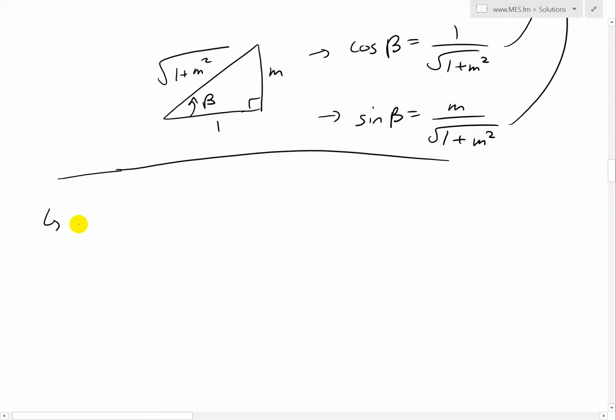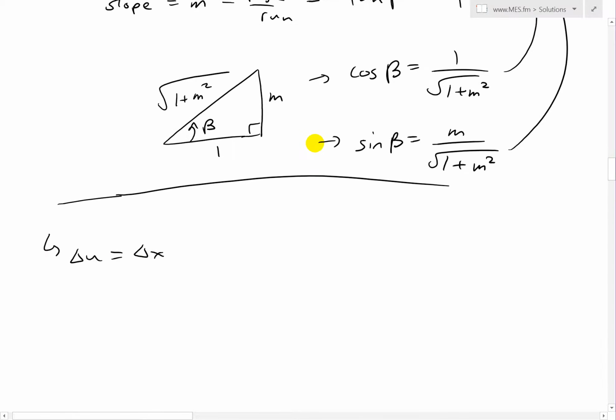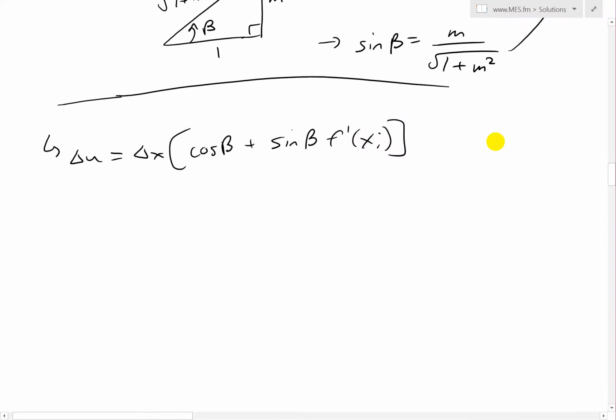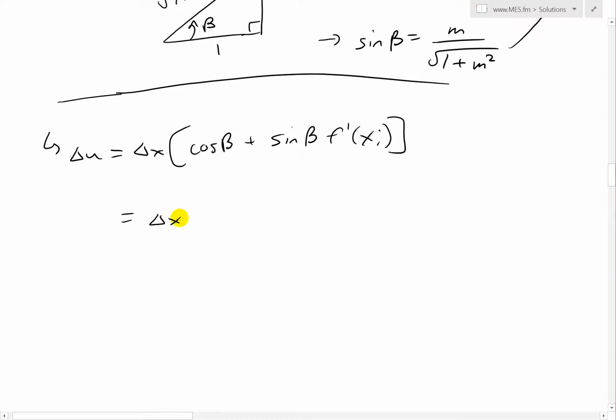basically we get delta u is equal to, again, delta x times cosine b plus sine b times f prime of xi. Now plug these inside, we get delta x, then we have 1 over the square root of 1 plus m squared plus m over the square root of 1 plus m squared, times f prime of xi.